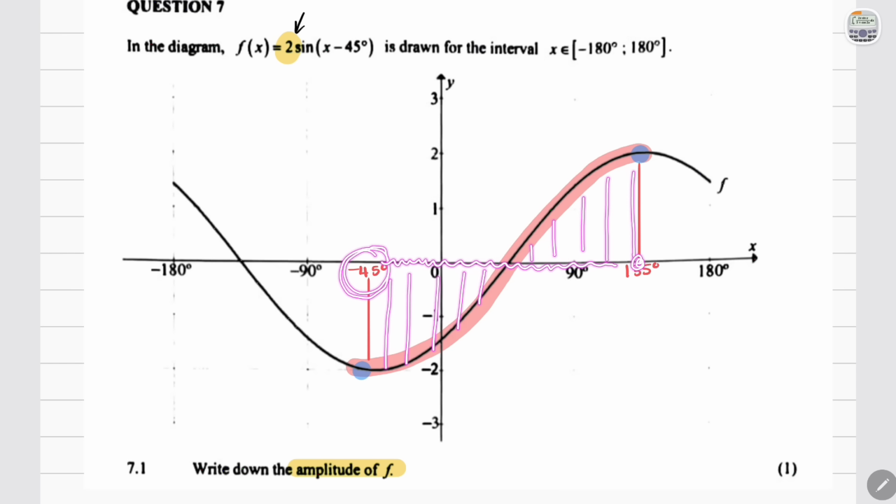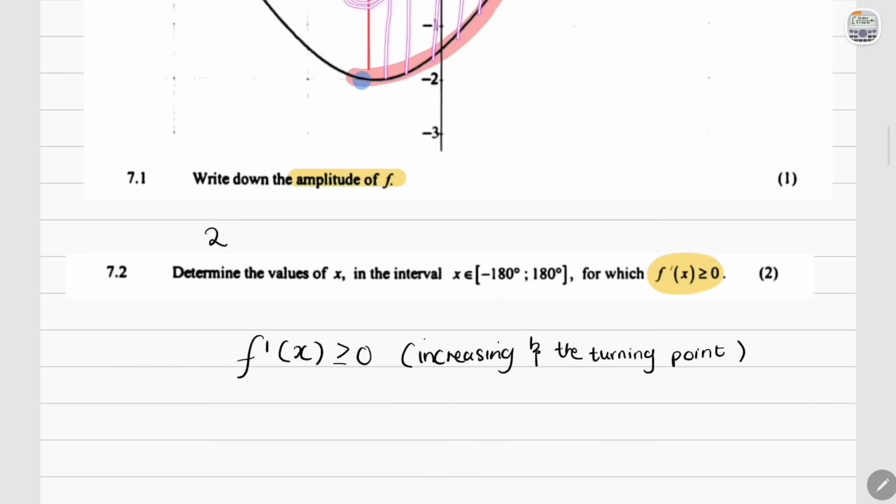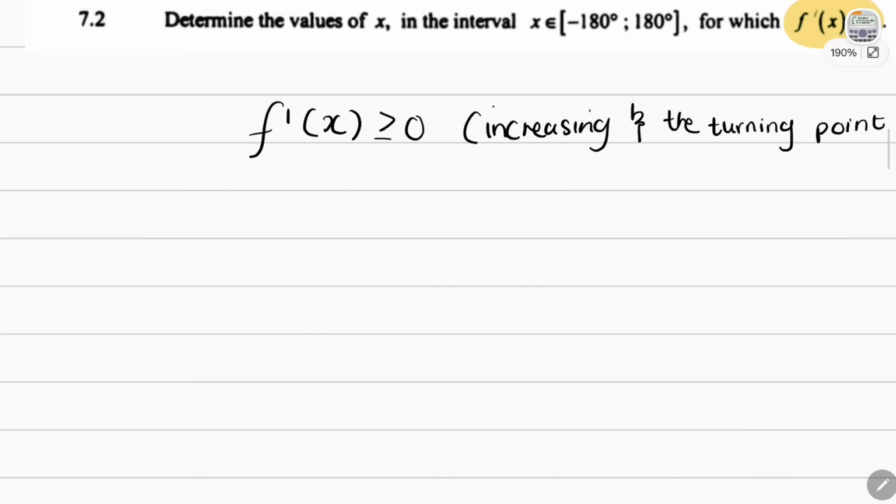That's all the x values that we have here. And so you can write it like this. I'll write it in interval notation because I feel like that's going to make more sense here. So x is an element of, it goes exactly from this point, negative 45 degrees, all the way to positive 135 degrees.